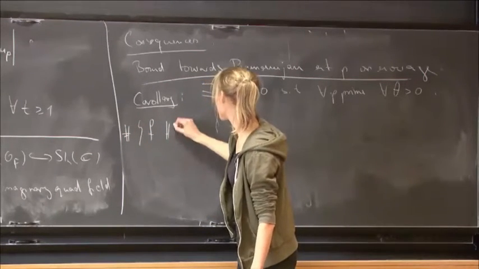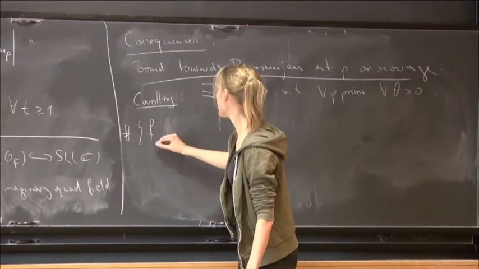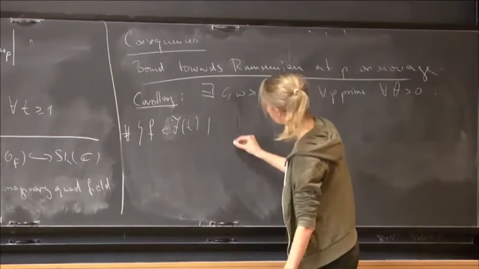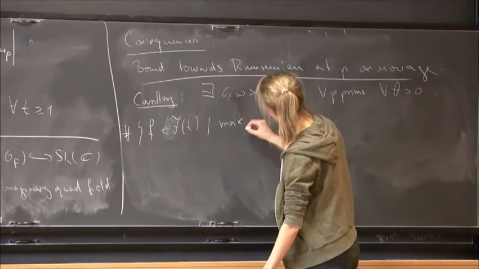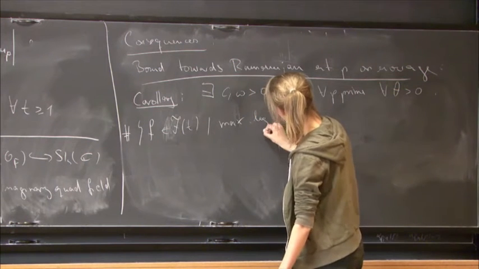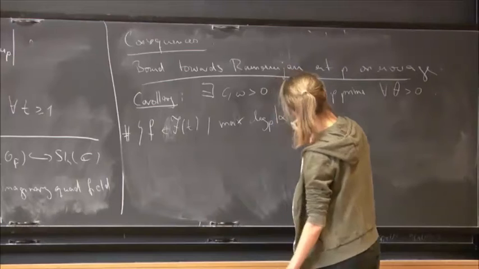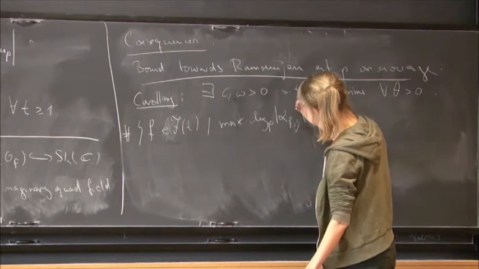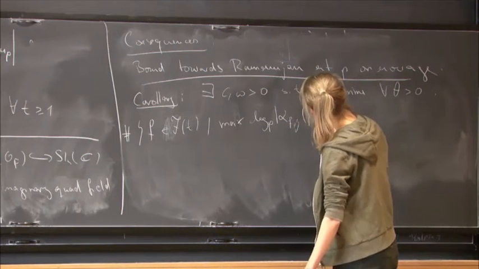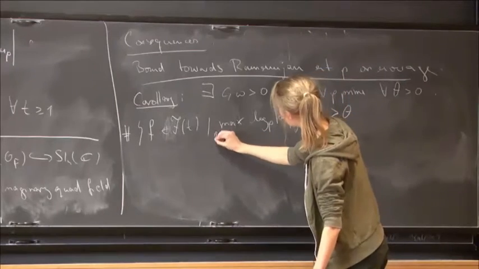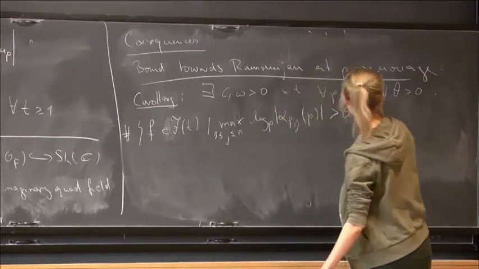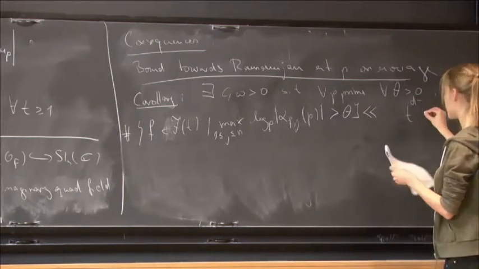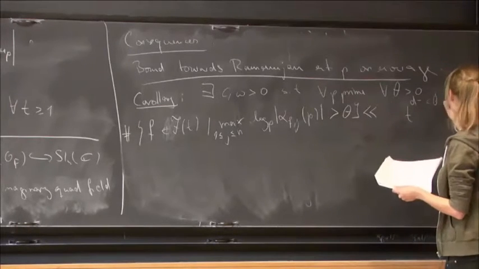of Hecke-Maass forms, so the number of f in F of t, for which the maximal value of the Sarnak parameter, so the entries in the Sarnak parameter, is at least theta, is bounded by t to the d minus c times theta plus omega.